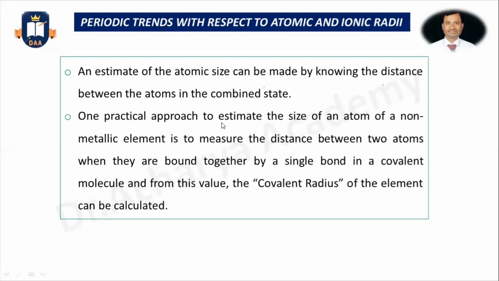One practical approach to estimate the size of an atom for a non-metallic element like chlorine is to measure the distance between two atoms when they are bound together by a single bond in a covalent molecule, and from this value the covalent radius of the element can be calculated.